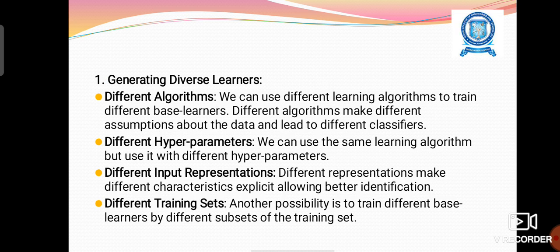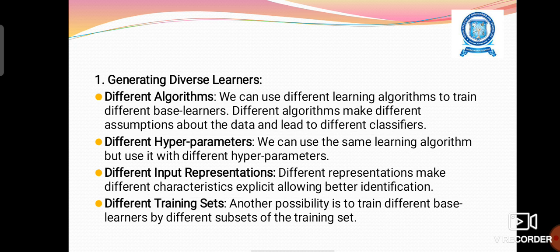Generating diverse learners. What are the things used to produce different learners? Different algorithms. We can use different learning algorithms to train different base learners. Each algorithm can make different assumptions about the data and lead to different classifiers.